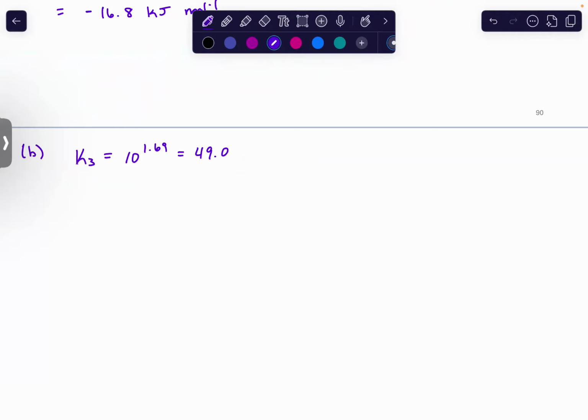Again, look at that massive drop of the K value. I mean, it's still a big K, so it's still pretty stable, but not nearly as stable as the previous two. Okay. Delta G3 equals negative RT ln of K3.